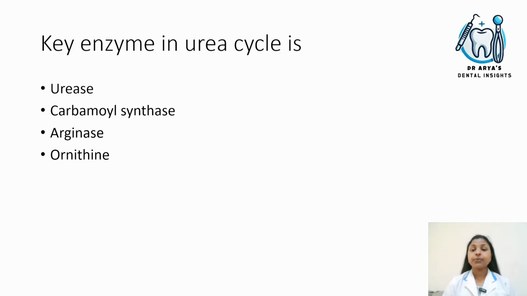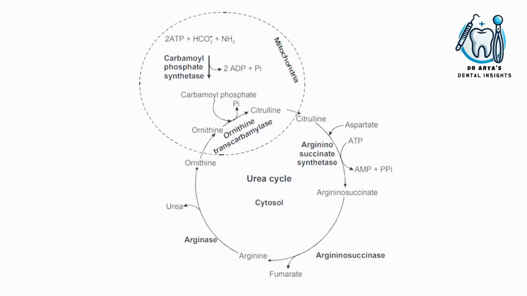So next question is the key enzyme in urea cycle. Which is the key enzyme in urea cycle? Urease or carbamoyl phosphate synthetase or arginase or ornithine? So this is the urea cycle, otherwise known as Krebs-Henseleit cycle or ornithine cycle.